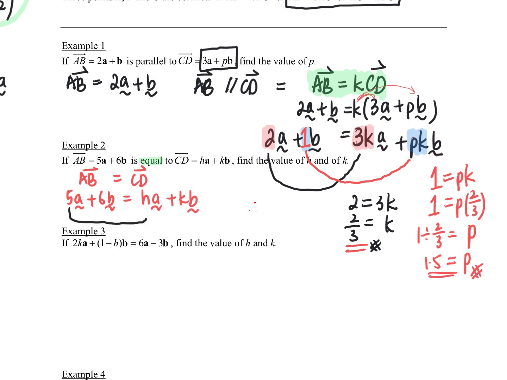This one is H. So H is 5. And then this one is 6 because they are equal. Done. Okay, so when they are equal, you can start to compare them already. Don't even need to multiply by a constant. Because they are equal, they are not parallel.